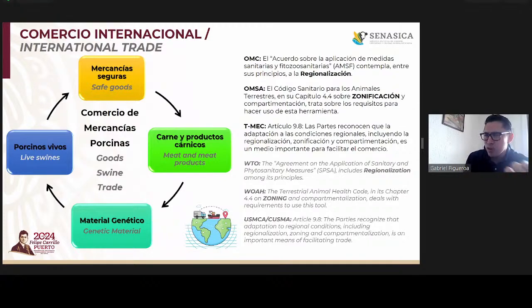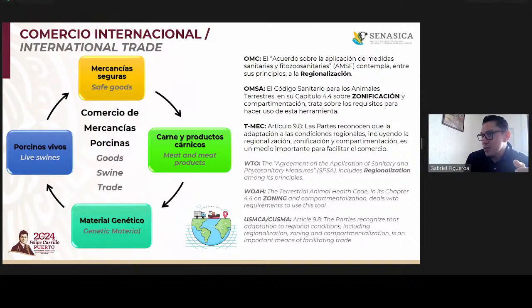And quickly, I want to mention that there is a list of goods that are considered as safe when it comes to ASF or other diseases, and they have some mitigation measures. And for these goods, there should not be any barriers for the trade.